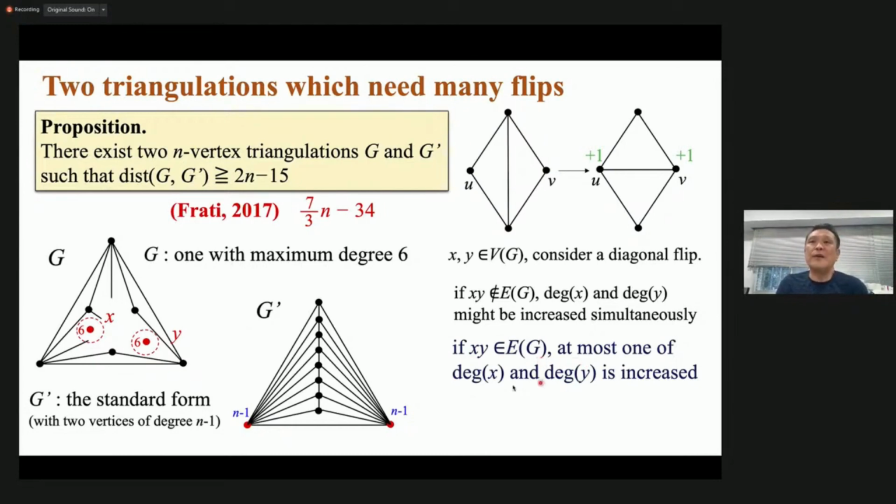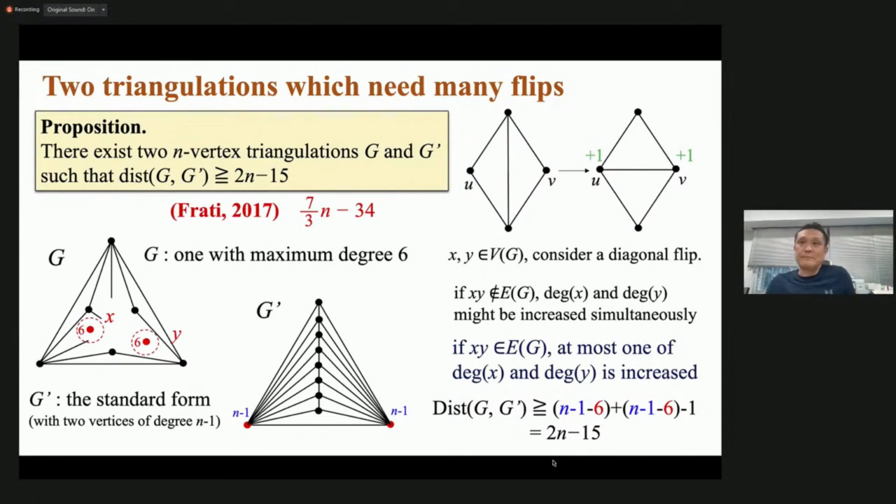So at most one of degree x and degree y is increased by any single diagonal flip. Therefore, we have to increase the degree of x and degree y almost separately. So the flip distance of this G and this G prime is at least these numbers. So the flip distance is at least 2n minus constant.